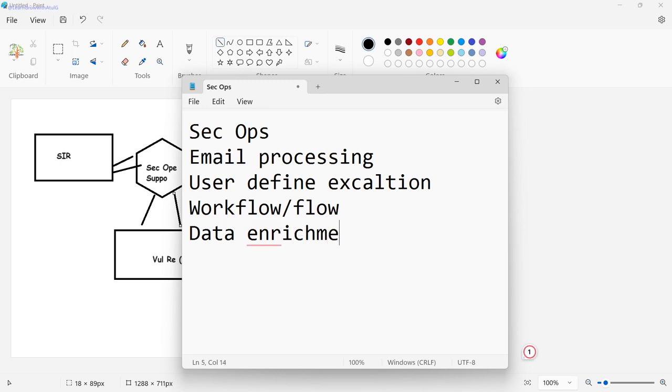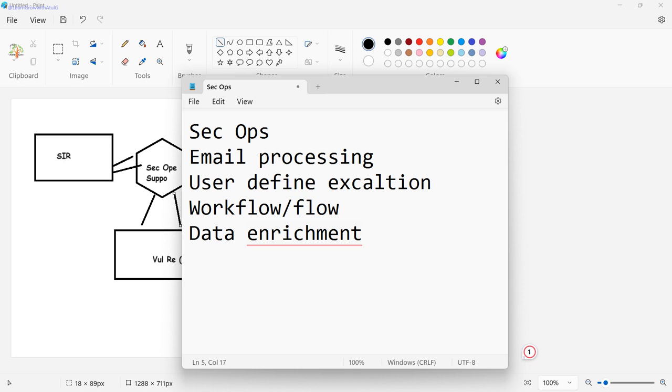Enrichment means enhancing the data more and more so that we can predict that this is the actual cause of the incident. It means bringing the value from different tools, clubbing them together and enriching our data, our threats, our vulnerabilities, gathering multiple information about a potential issue, and then working on it.